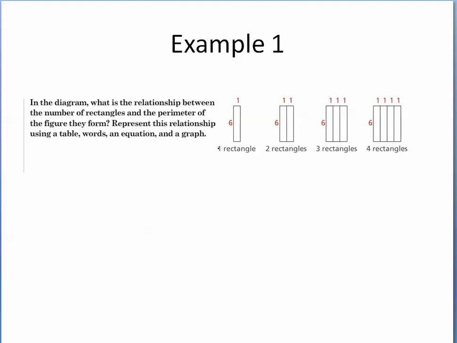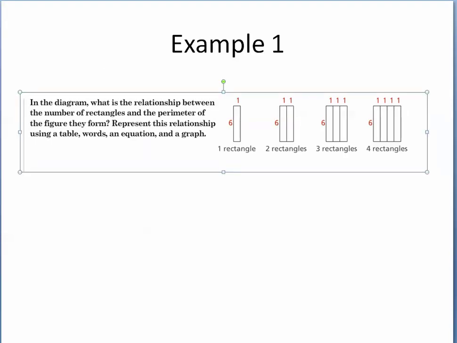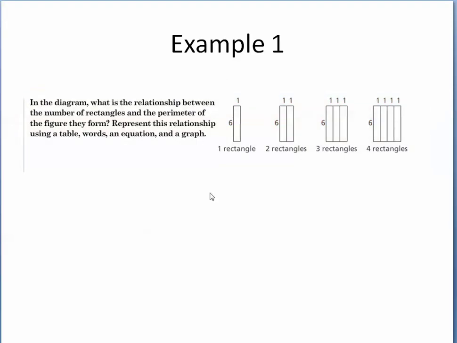So if we look at this figure, we've got rectangles here, and the rectangles each have a length, or a height I guess that would be, of 6, and then a width of 1.